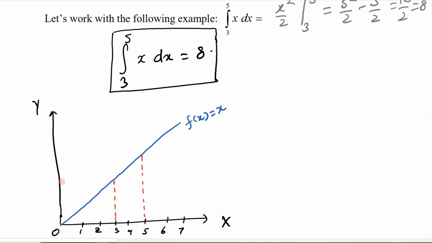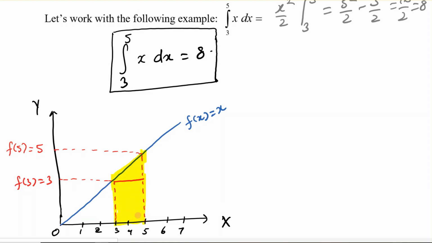When x is 3, this is our f(3), which is 3. When x equals 5, this is our f(5), so the value of the function is 5. The height of the function is 5 at this point.